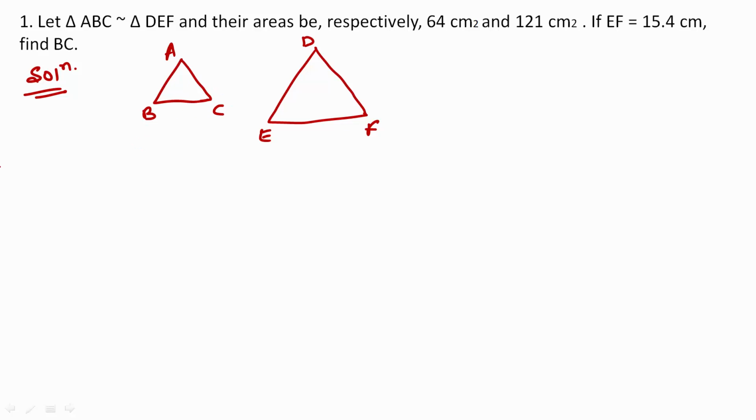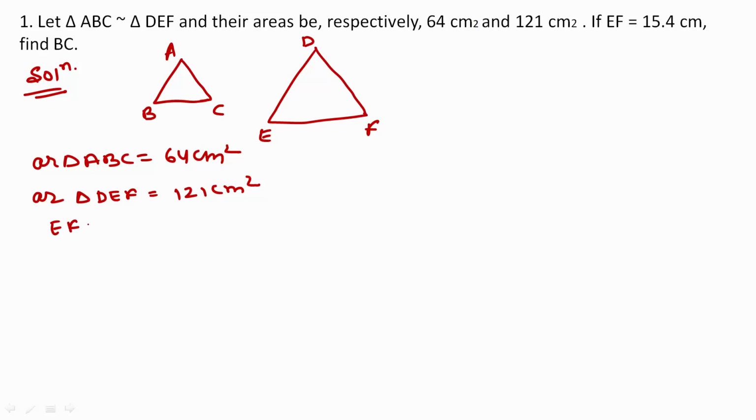Area of triangle ABC is 64 cm square and area of triangle DEF is 121 cm square. EF is 15.4 cm, and we need to find the value of BC.